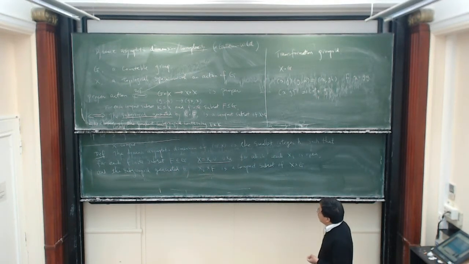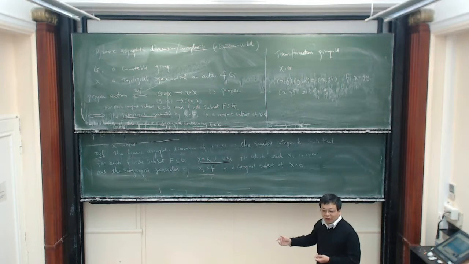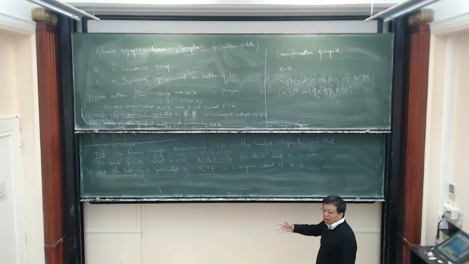You have to have a big set. You cannot just choose the finite generating set. You can choose F to be the ball of radius R, so then it's in scale R.